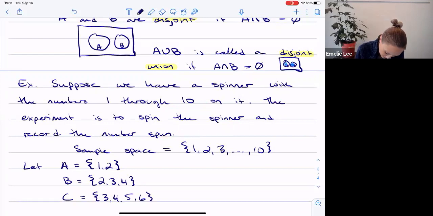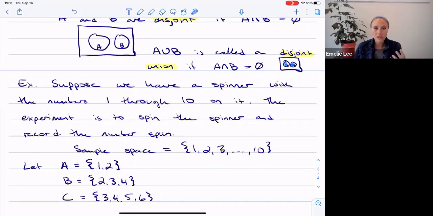So you spin the spinner one time, that's running the experiment one time, and then you land on a 4 and record a 4. In terms of our sample space, the sample space is the positive integers up to and including 10.